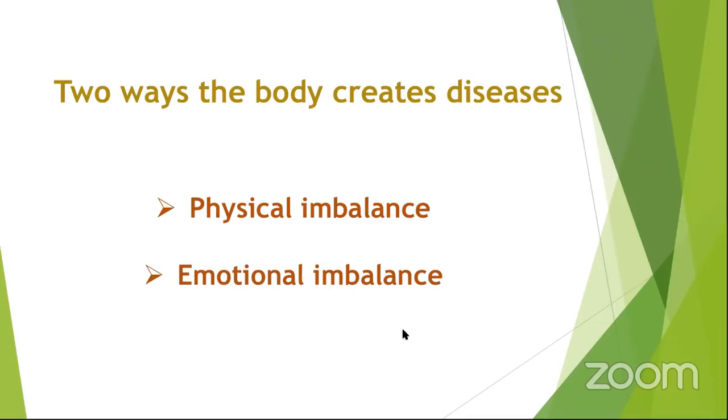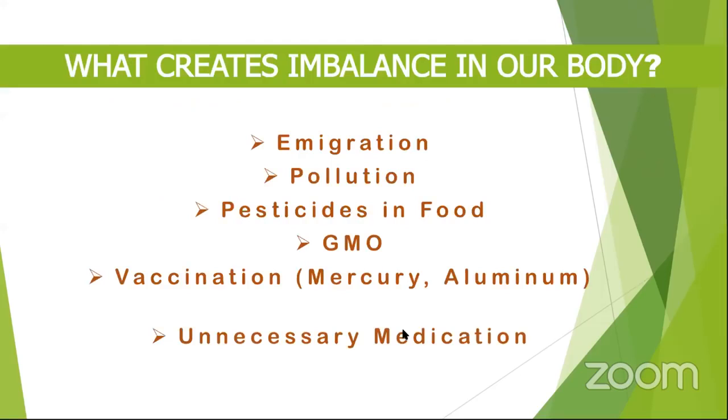We explained in the previous chapter how the body, the energy of the body, works according to environment. So here, we have to understand how we create physical imbalance and also emotional imbalance. There's two ways to get a disease on the body. So how do we create imbalance in our body?